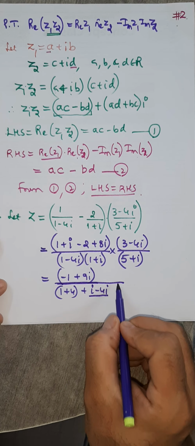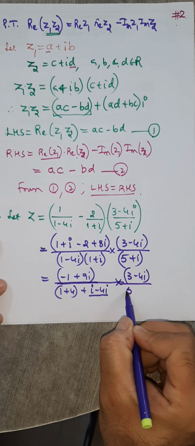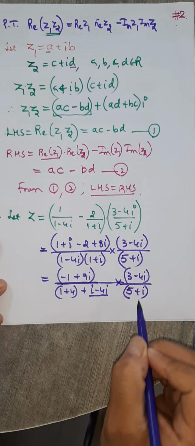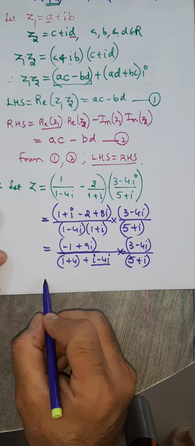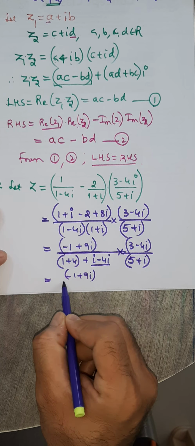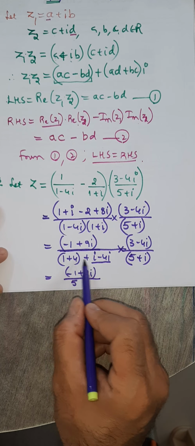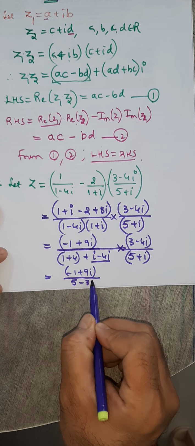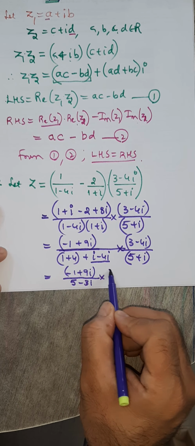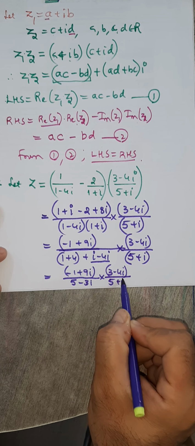So this gives you minus 3 iota into, right now, this expression as it is. Now this is equal to minus 1 plus 9 iota upon 5, here 5 minus 3 iota into 3 minus 4 iota upon 5 plus iota.